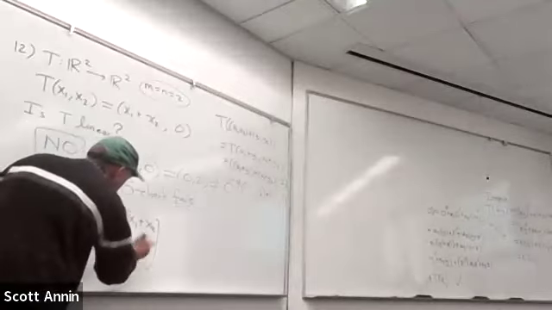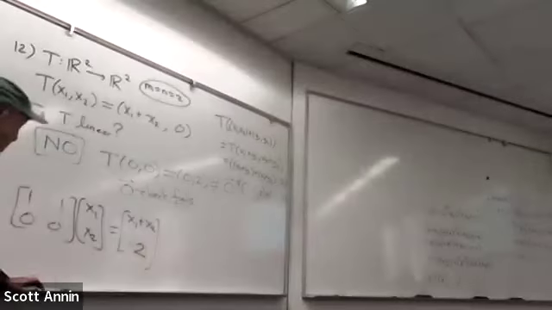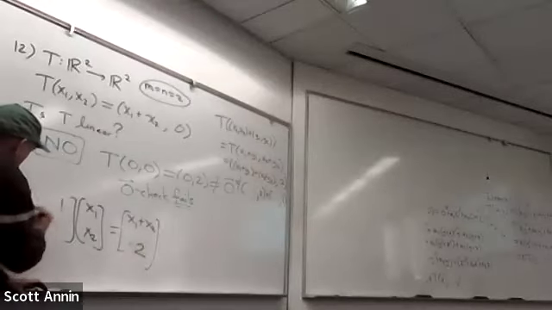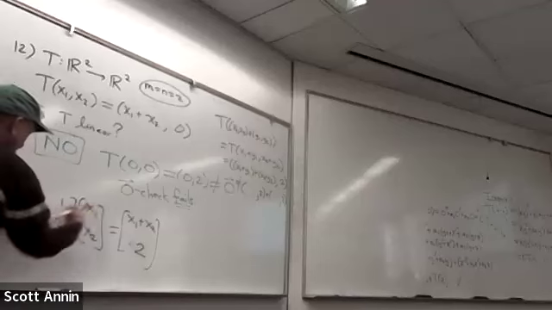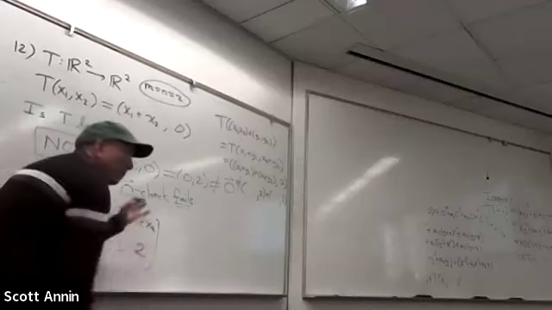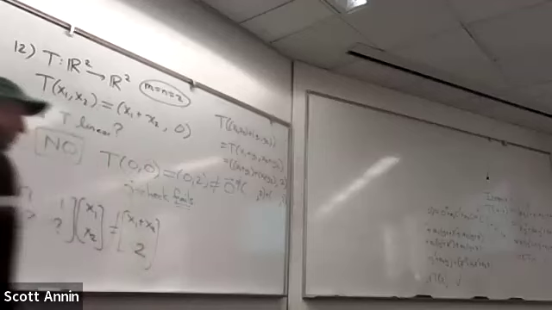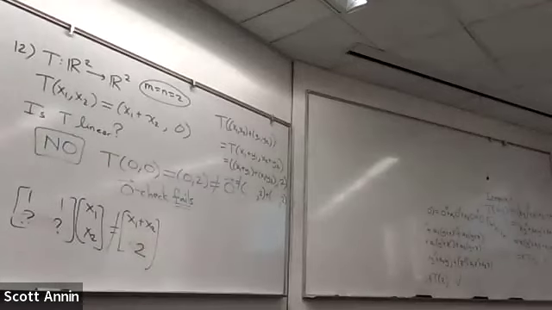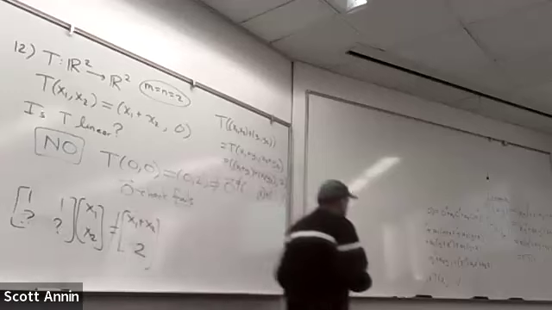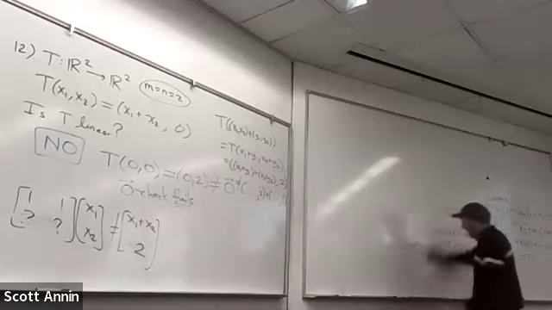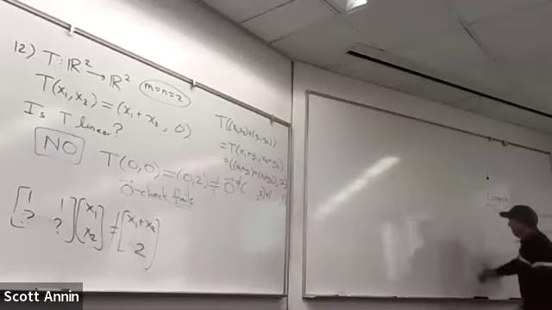But if I'm supposed to get a 2 over here, then I don't see how to do that by putting numbers on the second row, because this is an x1 times something and an x2 times something. It's supposed to always equal 2. This is just not going to be possible to set up. But that's kind of the idea there. Good point. I'm glad that you guys are asking good questions about that.